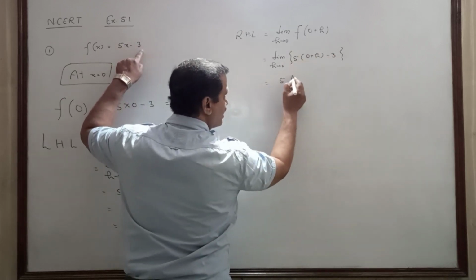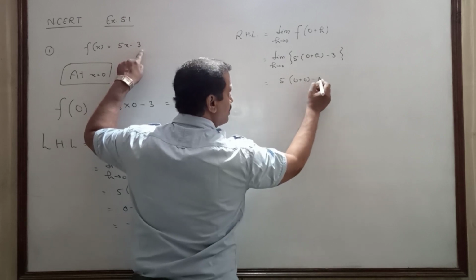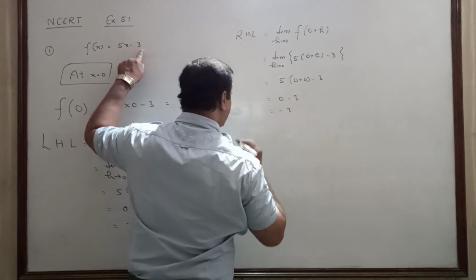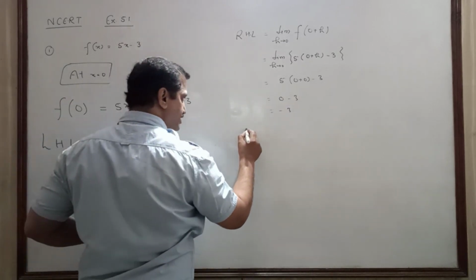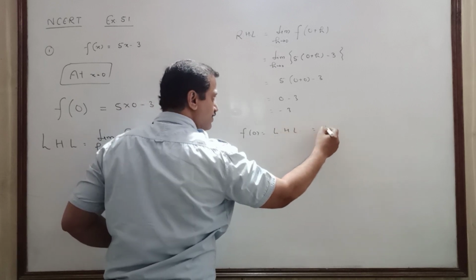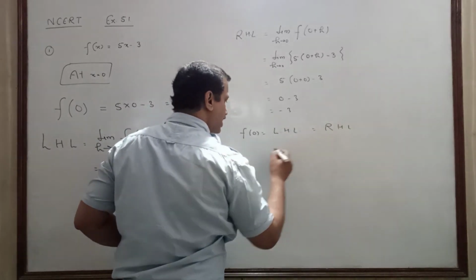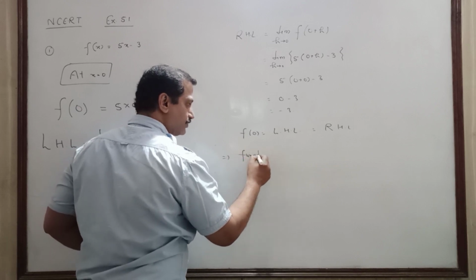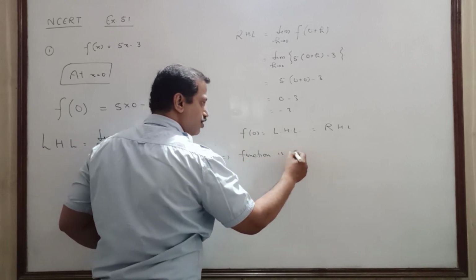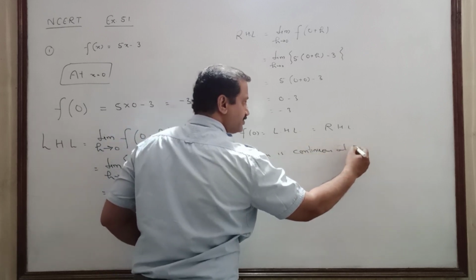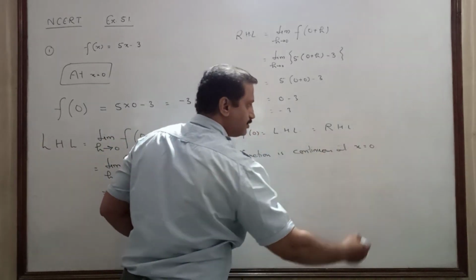Taking limit, we get 5(0 plus 0) minus 3 = 0 minus 3 = minus 3. That means f(0) is equal to left hand limit is equal to right hand limit, and this implies the function is continuous at x = 0.